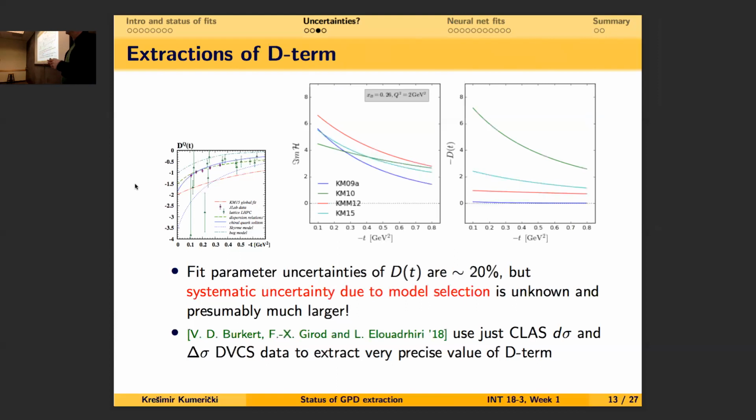It is not easy to fit, but they have been successful. The model they had to use in order to fit the data is a bit problematic, maybe. So it's really a difficult task, but it will have to be done. The idea is to have universal functions which really describe hadronic structure and not just some fitting function that describes your data. If you want to really learn hadronic structure, then you have to be able to describe both DVCS and meson production with the same GPDs. But it's for the future.